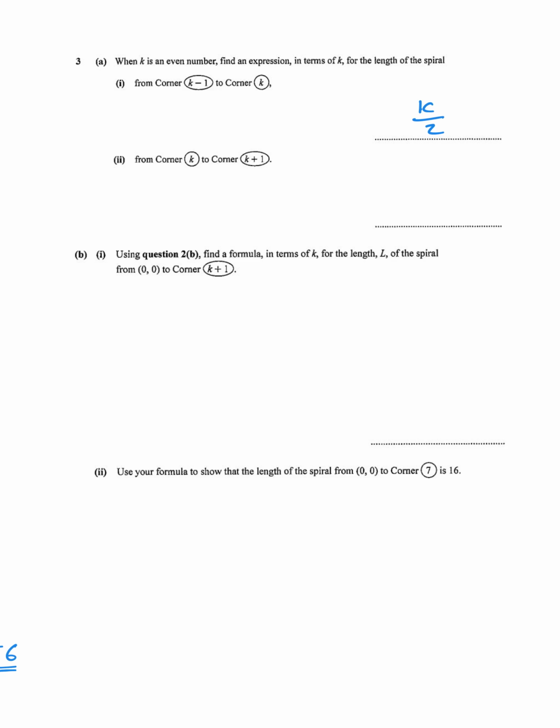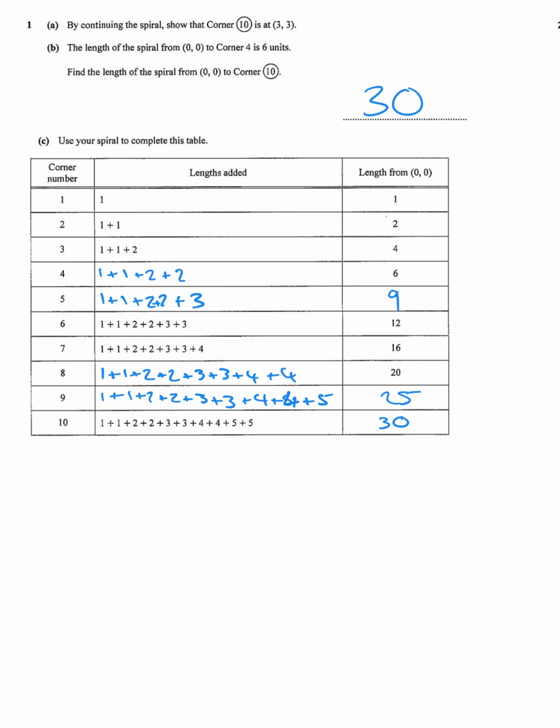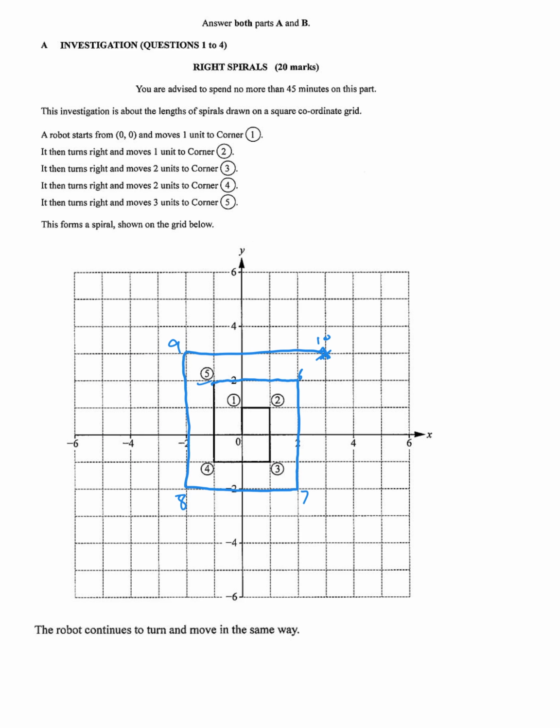Next one, from corner k to corner k plus 1. Well, best to go and see it again. To k plus 1 is the next one afterwards. Now this one's going to be slightly longer. It's going to be this distance plus 1, 1, 2, 3, 4, 5, 6, in order to continue the spiral, I should say.